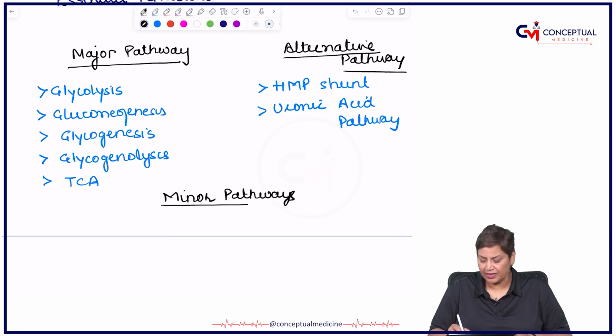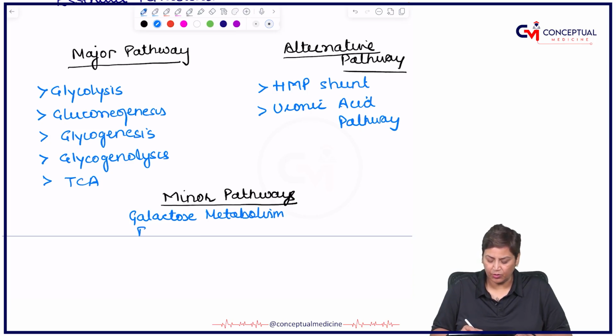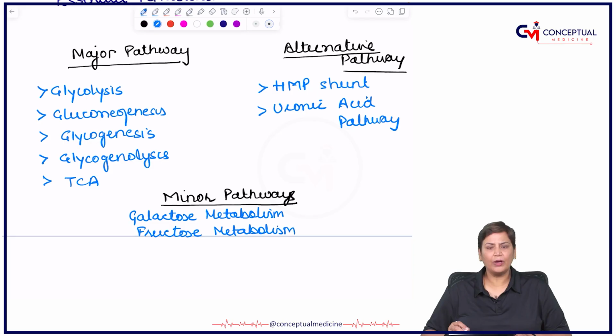Under minor pathways, we are going to study the metabolism of galactose, so galactose metabolism will come, and fructose metabolism will come. Right. So in our next video, we are going to study these minor pathways. I hope these alternative pathways of oxidation of glucose are clear to all of you. Thank you so much.